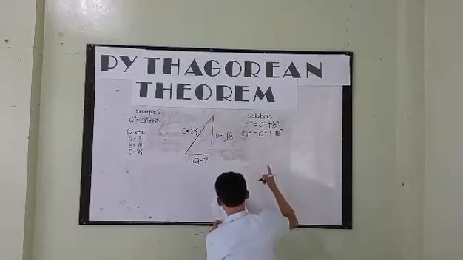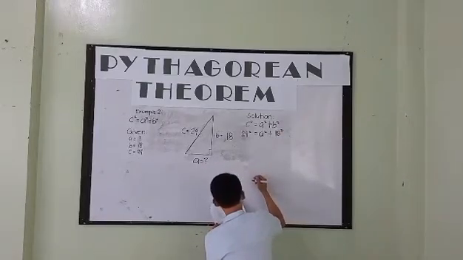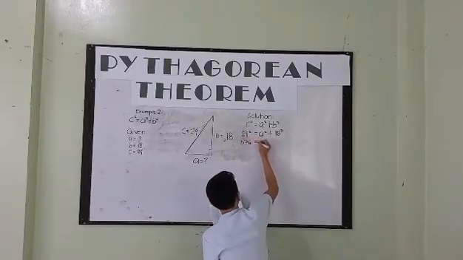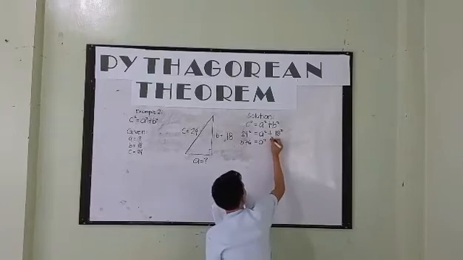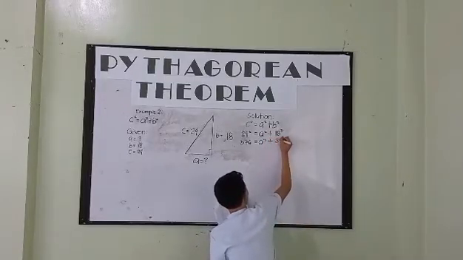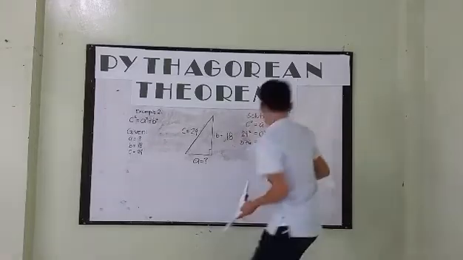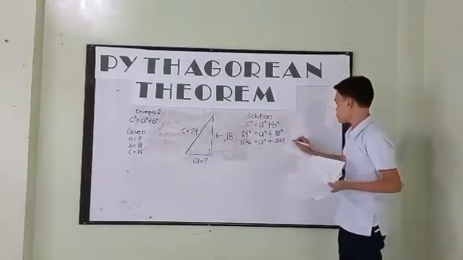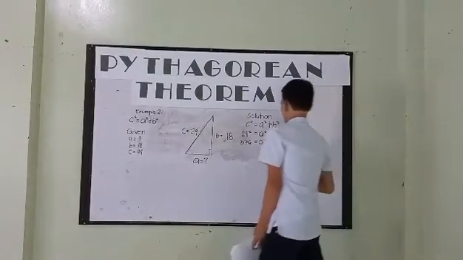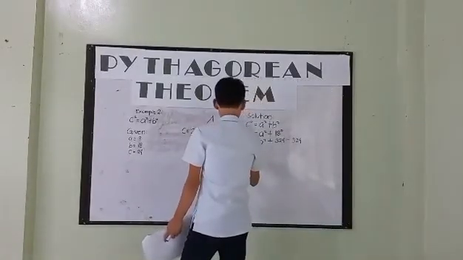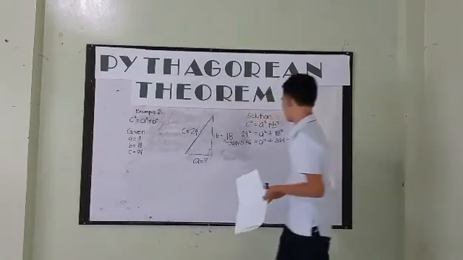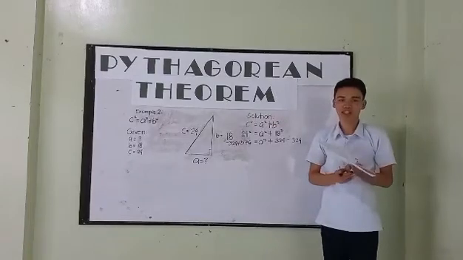Then 24 squared, so we have 576 is equal to a squared plus 18 squared, which is 324. So what we need to do is subtract both sides by 324, so that we cancel out the 324.